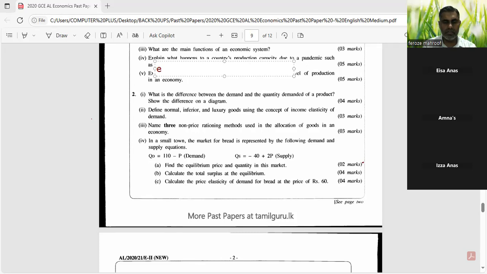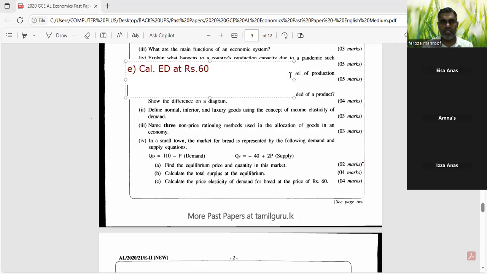E part: calculate excess demand at rupees 60. Calculate excess demand at 60 rupees.